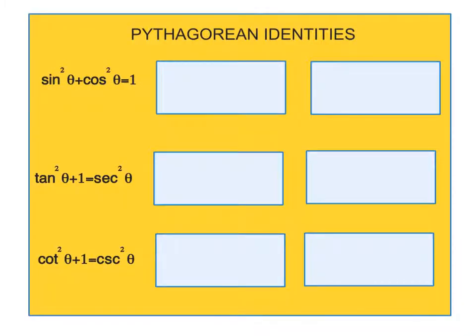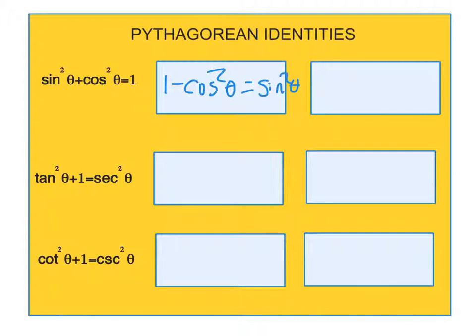Okay, so we have sine squared plus cosine squared equals 1. You can also manipulate these around. So I can move sine squared over here or cosine squared over here. So you're also going to have 1 minus cosine squared equals sine squared theta.